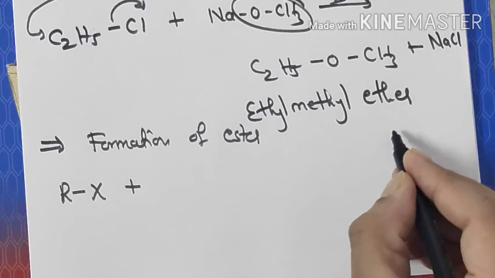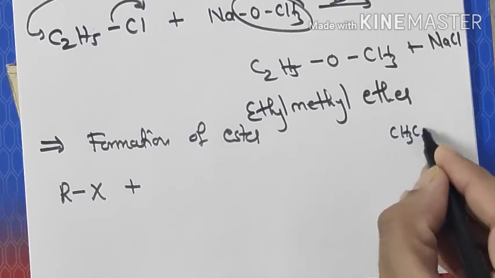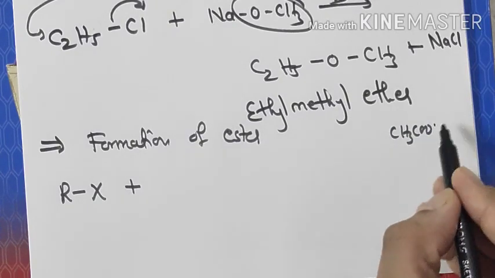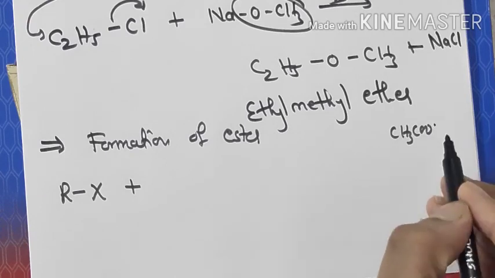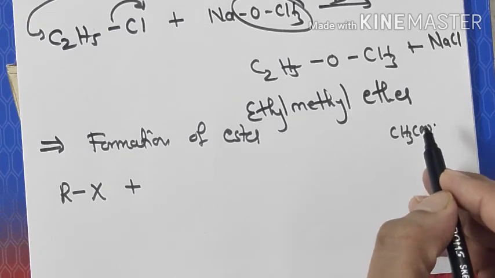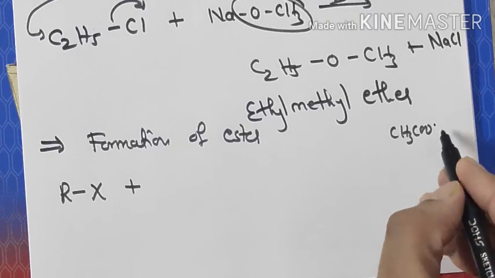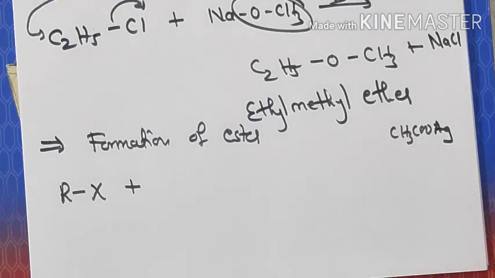What is carboxylic acid? CH3COOH is a carboxylic acid. This H is also acidic and can be easily replaced. If I replace this H by Ag, it is called the silver salt of acid.